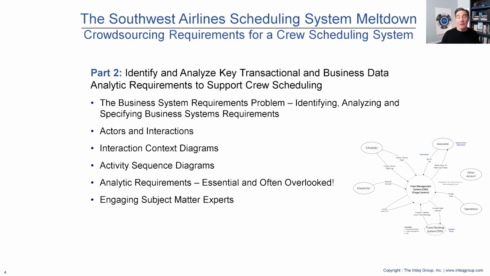Not to analyze them, but just to identify that the requirements even exist. We're going to talk about something called activity sequence diagrams that enable us to analyze those requirements. We'll talk a little bit about analytic requirements. They're essential and often overlooked. Those are the things that help us make decisions, give us metrics, these kinds of things. And we're always talking about engaging subject matter experts.